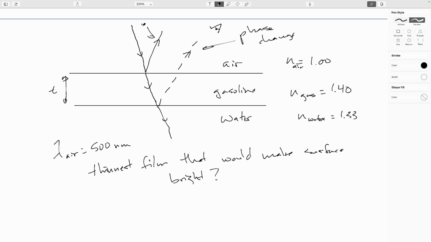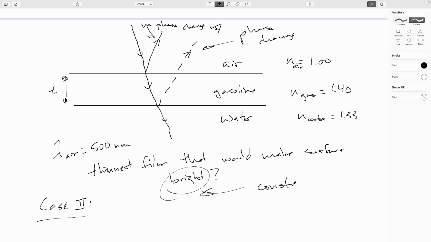This will have no phase change. So this is case 2. And I recommend drawing these little cartoons, it really helps you figure out whether you're looking at case 1 or case 2.